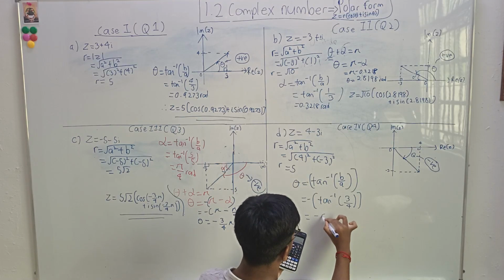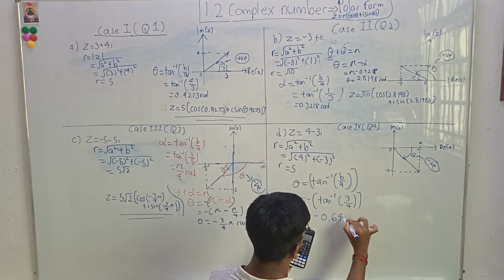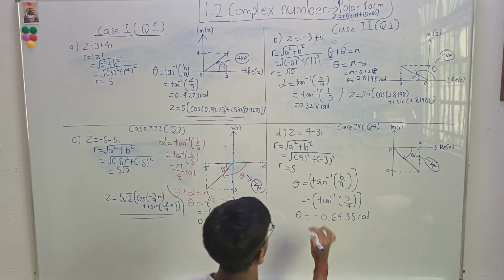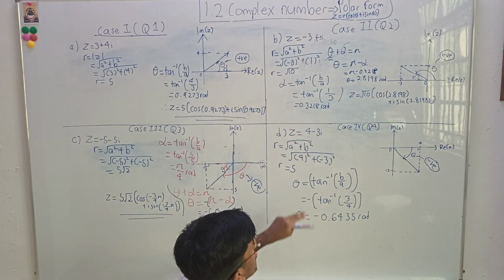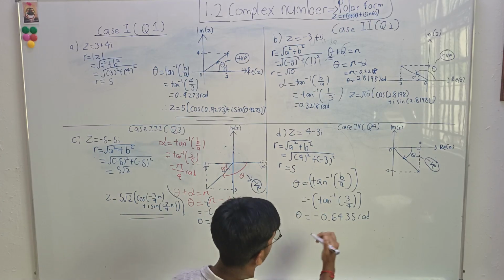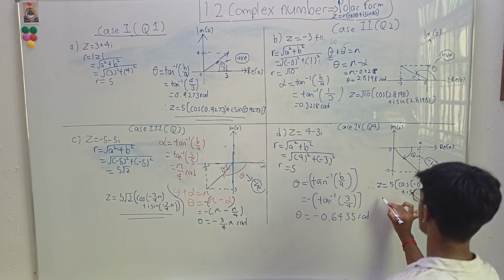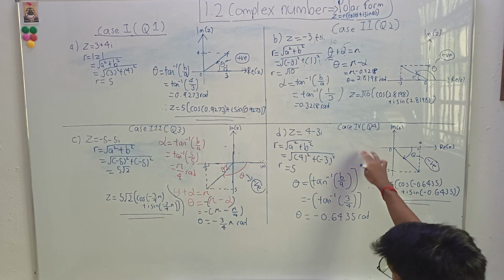It should be negative 0.6435 radians. So now you have your r and your theta. You can write your polar form, z equals... so this is my polar form for this question.